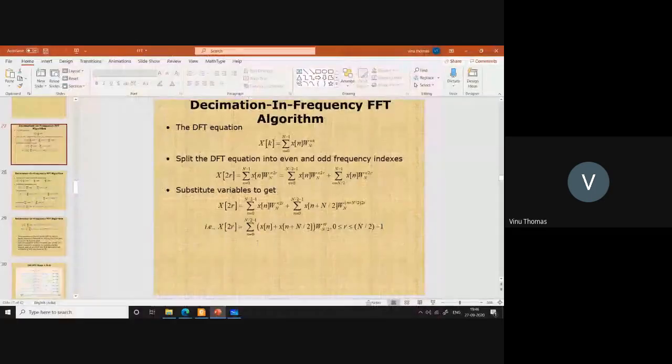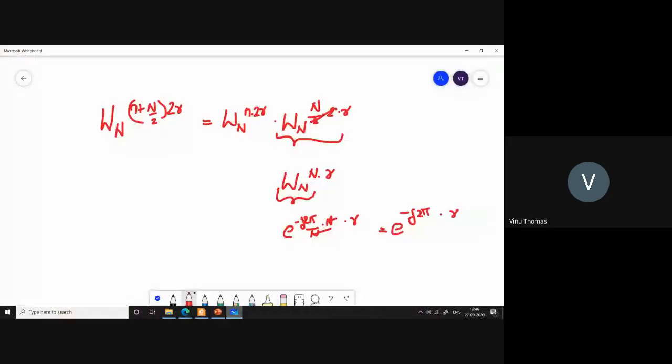And now, again, what will be W_N raised to n into 2r? I am now concerned with this part. So, W_N raised to n into 2r is W_N raised to 2 into n into r. So, let me look at what is W_N raised to 2. W_N raised to 2 would be e raised to minus j 2 pi by N, the whole raised to 2.